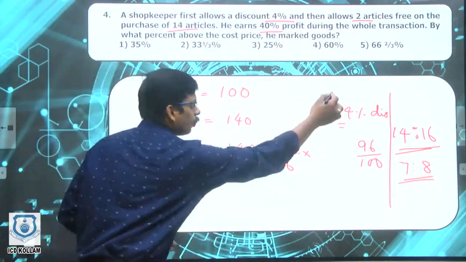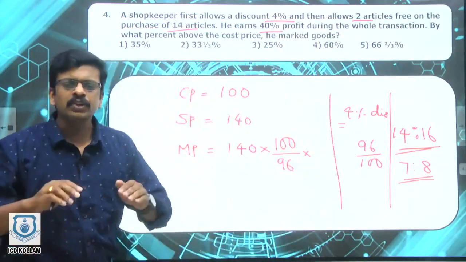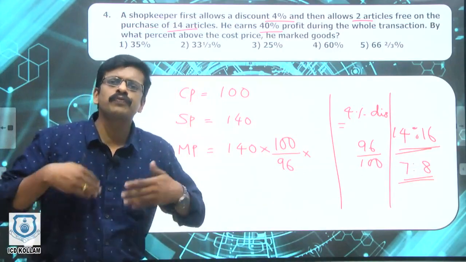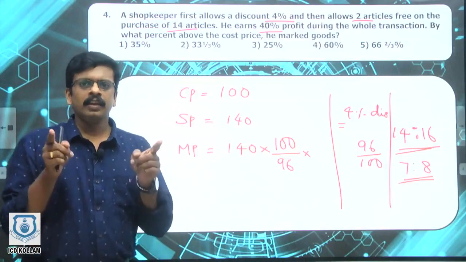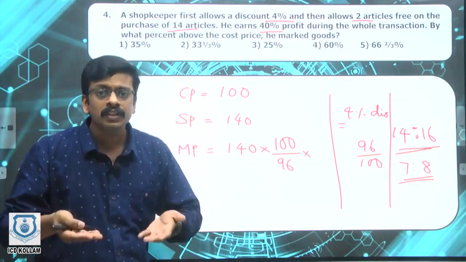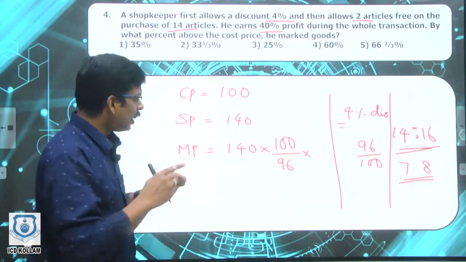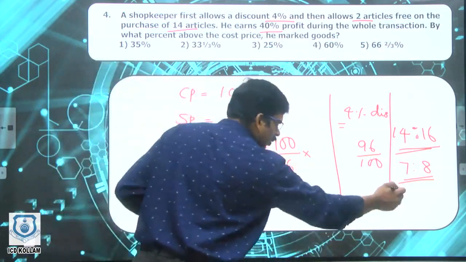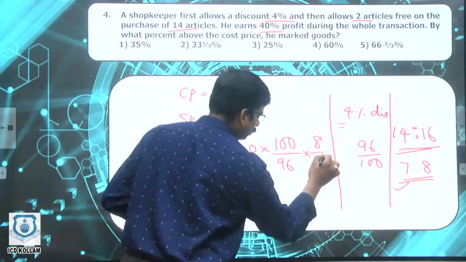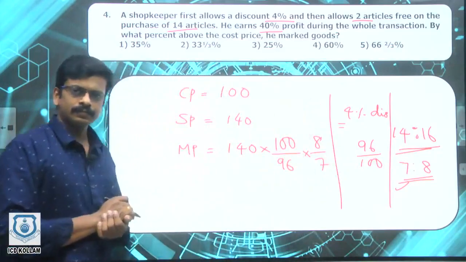So here also, suppose you need to give more items, or suppose you need to give free items, then your mark price should be higher. Otherwise you may face loss. So by using that fraction, also we need a big number. So we need to write here 8 by 7.